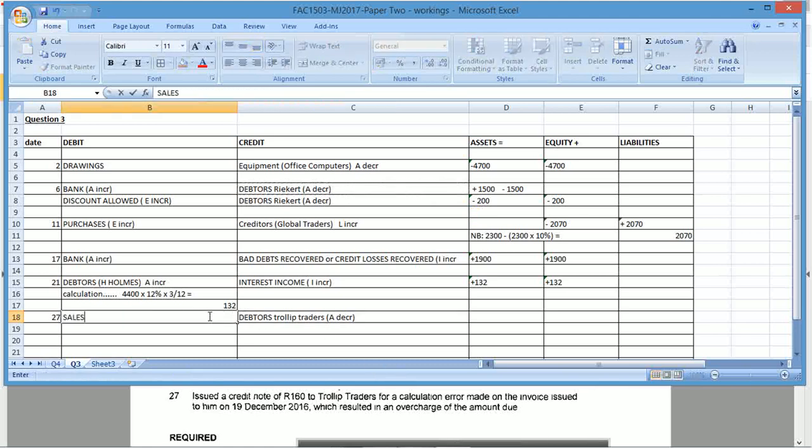So this would be a sales return. Sales returns, expense, increase. How much was it? 160, correct. Decrease 160, decrease 160, and that's the end of that question.